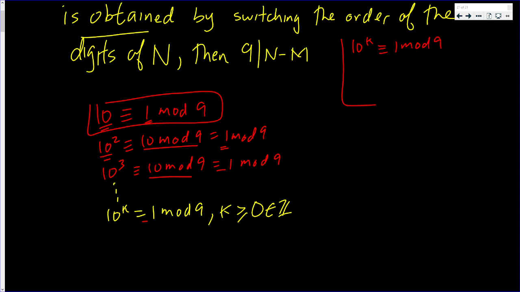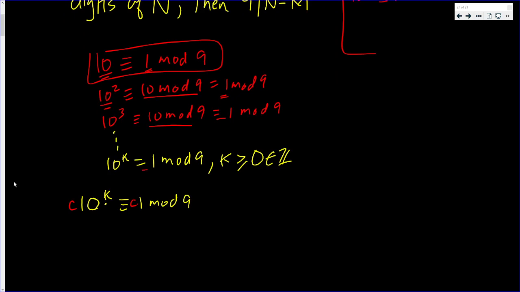Now, we know that 10 to the k is congruent to 1 mod 9. If I multiply both sides by c, which is allowed, the mod doesn't change.